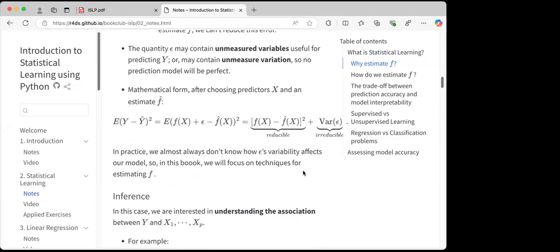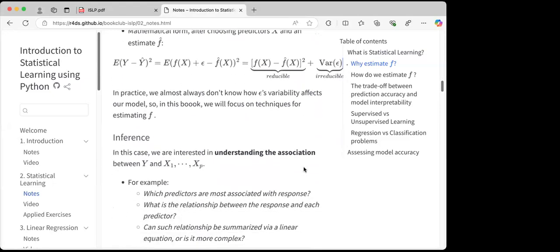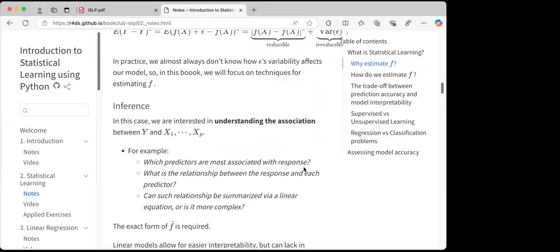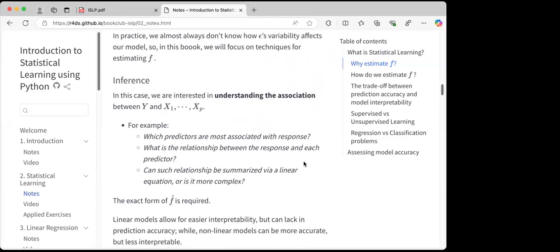The other reason why we need to estimate F is inference. We want to make some statistical inference. In this case, we are interested in understanding the association between Y and the various X's. These questions could be useful in predicting which predictors are most associated with a particular response.